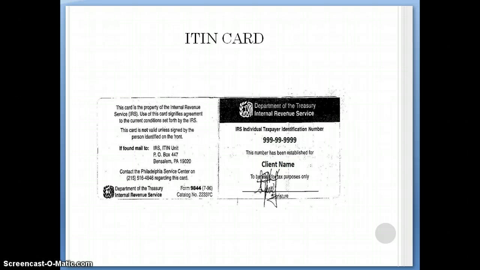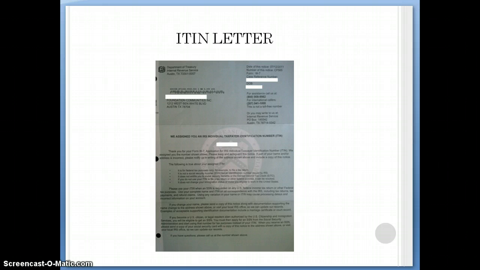Because people were getting confused about what was an ITIN and what was a Social Security number several years ago, the IRS switched gears and started issuing ITINs on a letter that has a light green background. This may not show up too well on your screen, but that is a light green background on the letter.